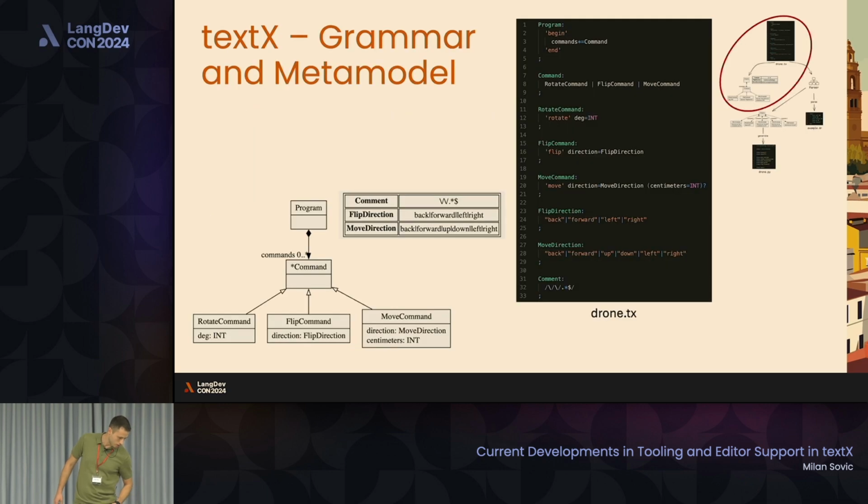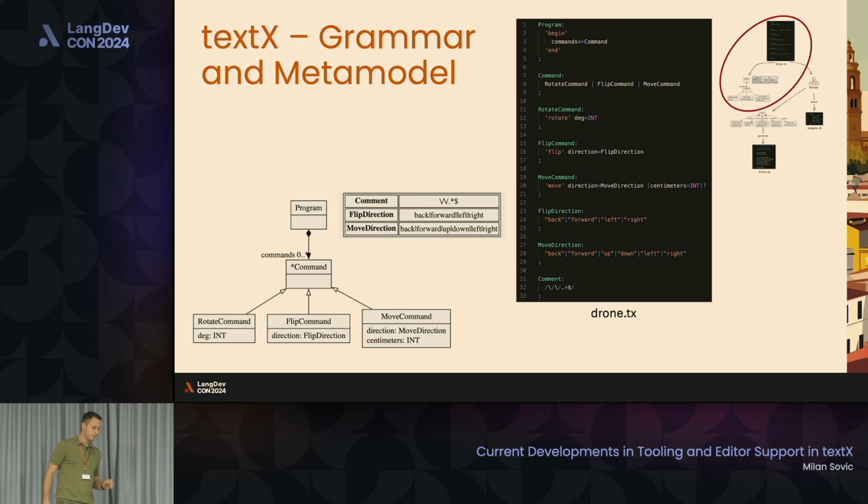Now we can take a closer look at each step. So here we see the grammar. It's not very visible, but we can see the grammar and the corresponding meta model. I will not go into details about rules and syntax of textX, but it is quite self-explanatory.